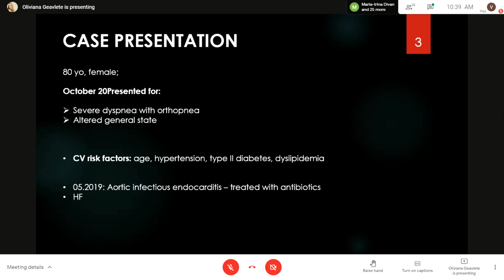Yes. Systolic murmur, grade 3 out of 6 in the aortic area, radiating to the carotid arteries. And there were some subcrepitant rales, basal bilateral, in both lungs.